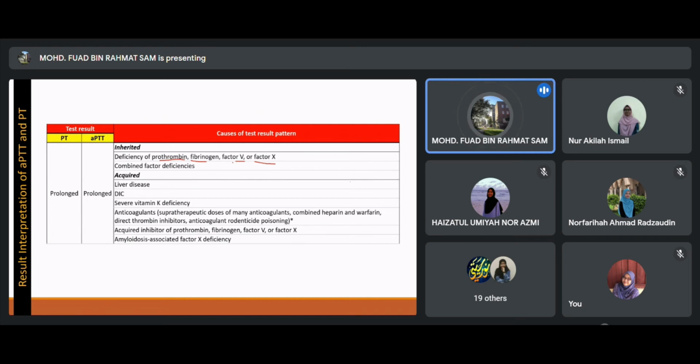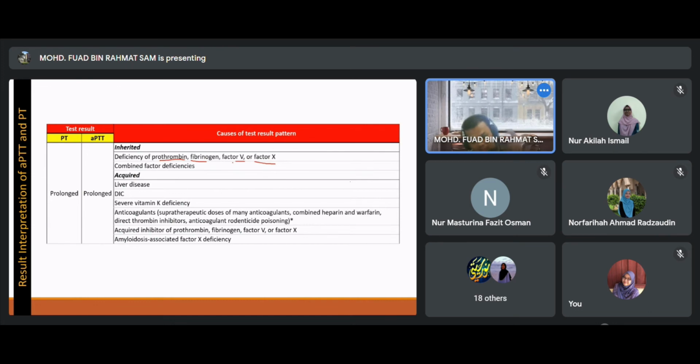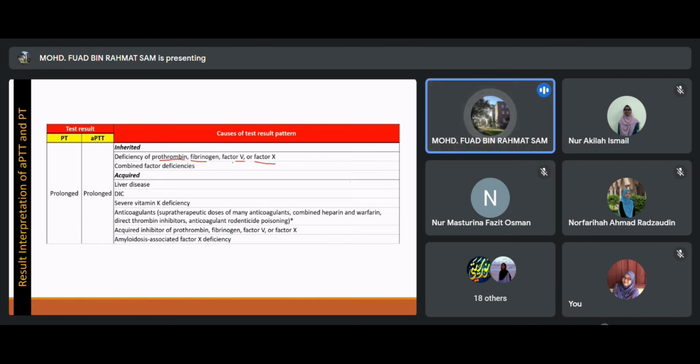Kenapa dia tak menyebabkan masalah pada GIT ke, or masalah pada brain ke, or masalah pada lung ke, or masalah pada any other organs? Why liver disease? Ada tak agak? Sebab liver produce the coagulant factors. Yes, great. Because the coagulation factors, the production side, or the main organ that produce the coagulation factors is the liver. So kalau liver masalah, obviously akan affect kepada production quantity or quality of the coagulation factors.